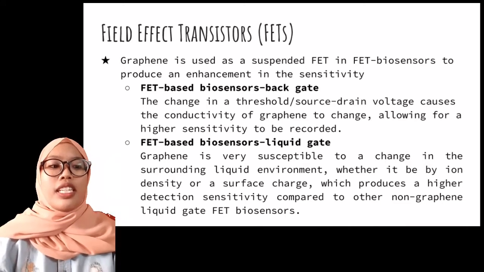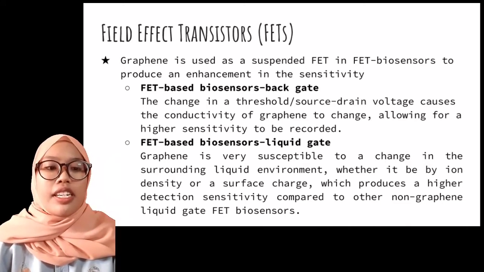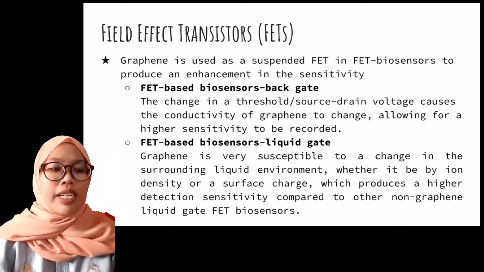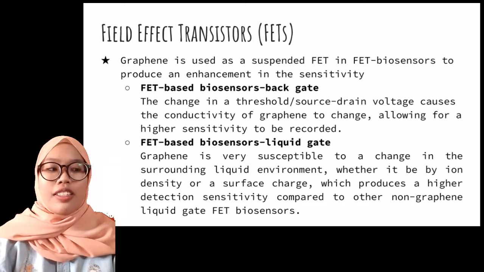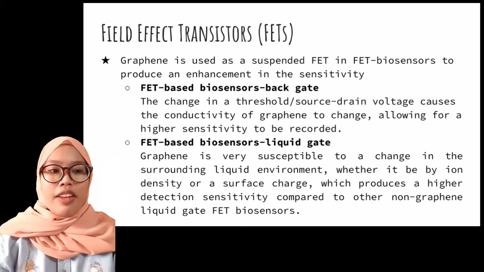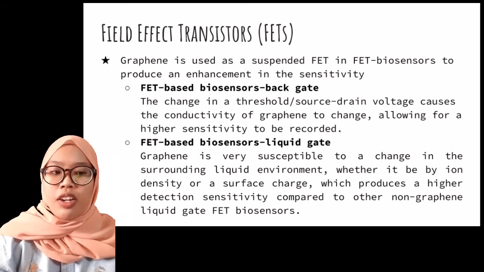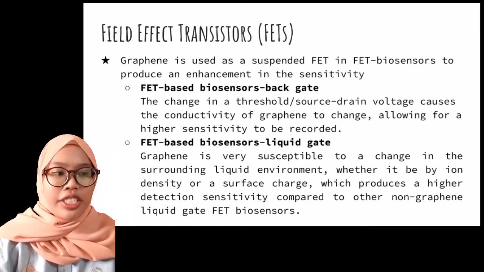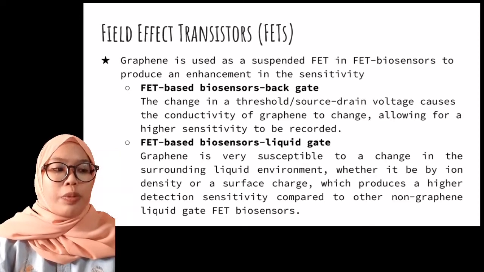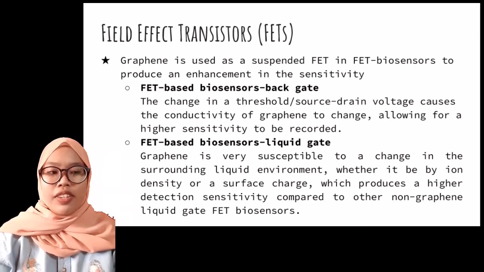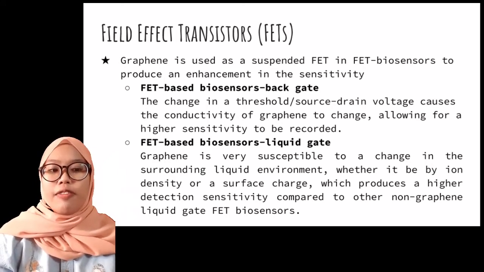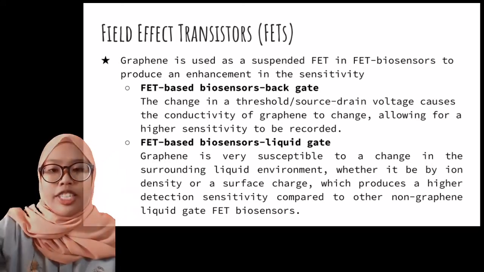And the second one is liquid gate. Graphene is very susceptible to a change in a surrounding liquid environment, whether by ion density or surface charge, which produces a higher detection sensitivity compared to other non-graphene liquid gates in a FET biosensor.